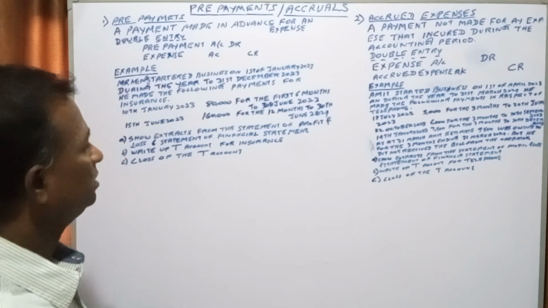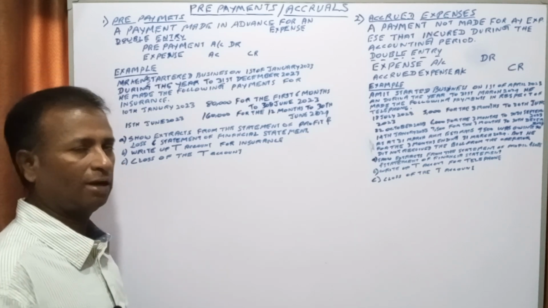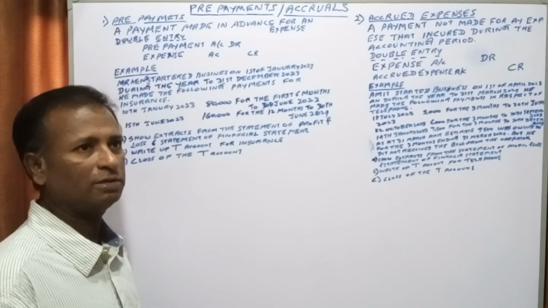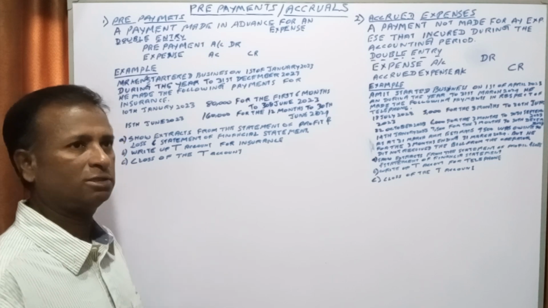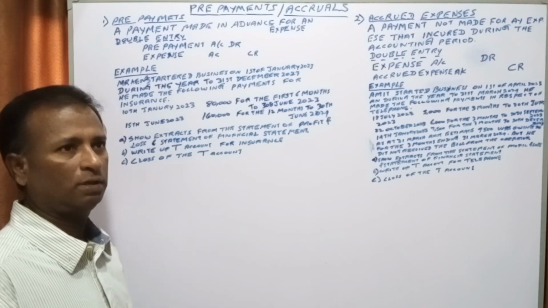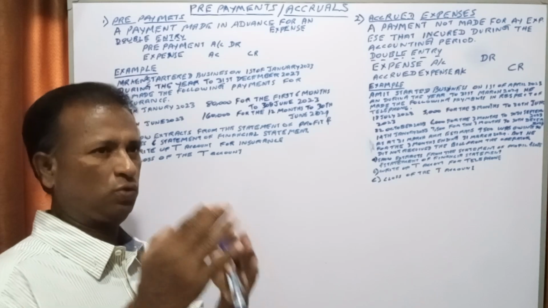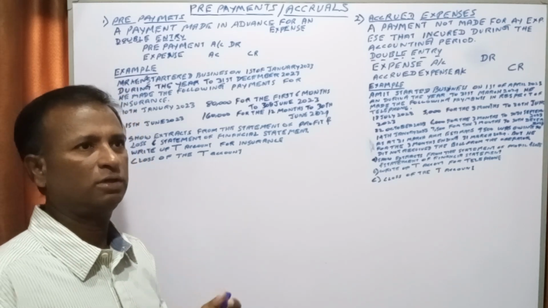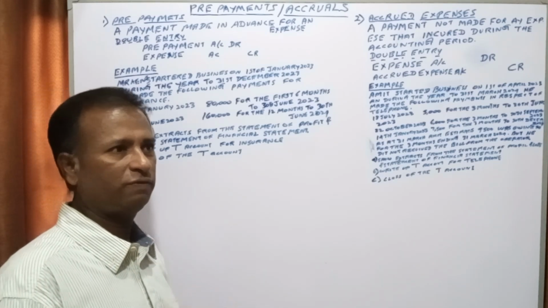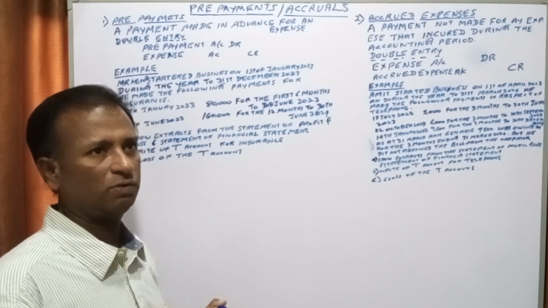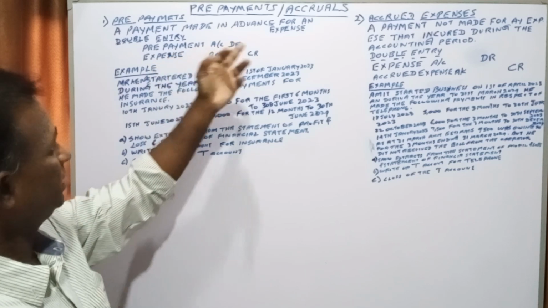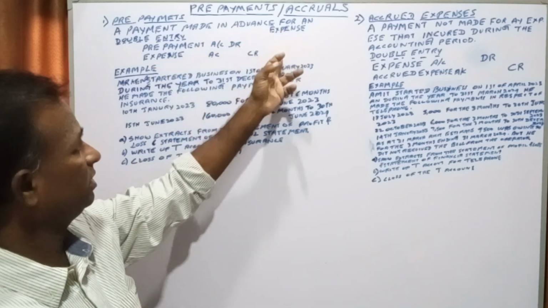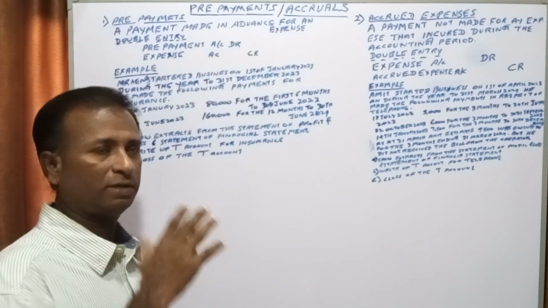So what is the double entry we will pass for the prepayments? Prepayments in the sense cash is going out for an expense. If the cash is going out, we would have made the payment earlier itself.